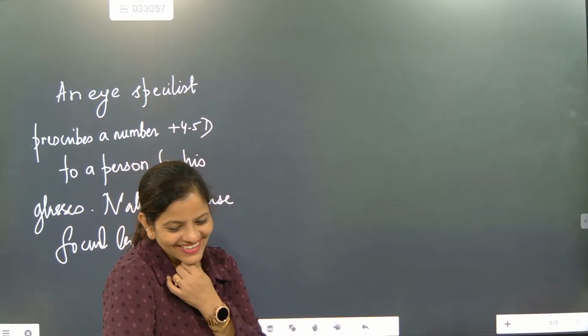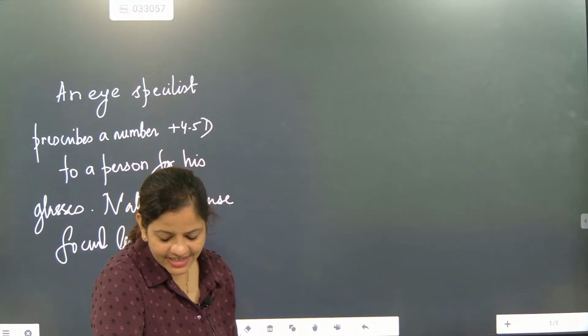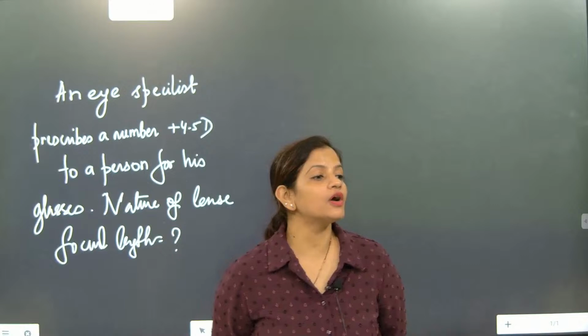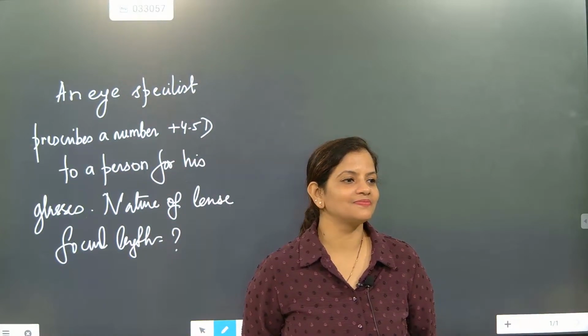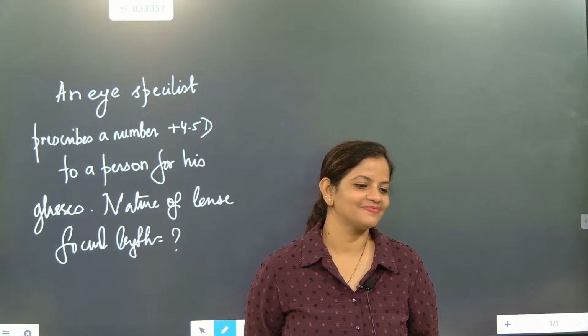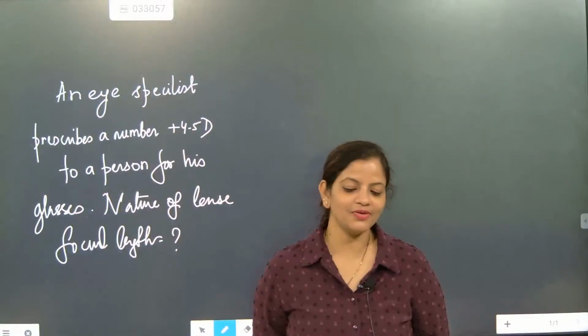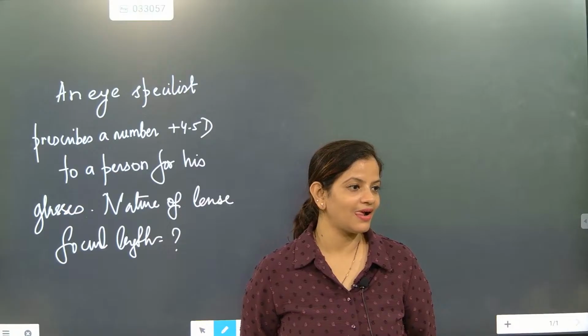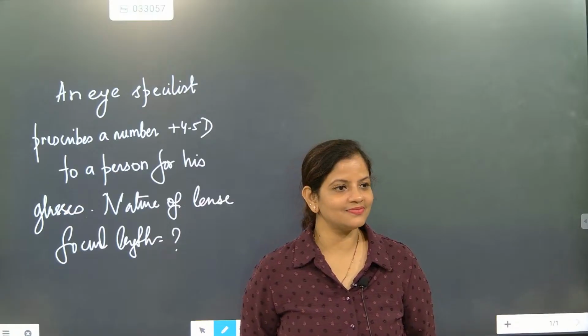See, it is converging. See, plus means what? See, focal length. Ma'am, see what you wrote? 1 by 9 is already written in the question. 2 by x. Answer.